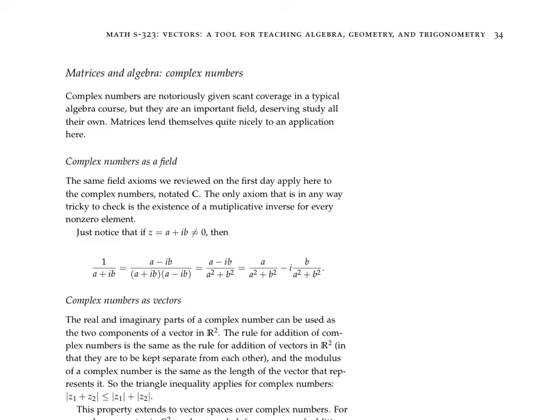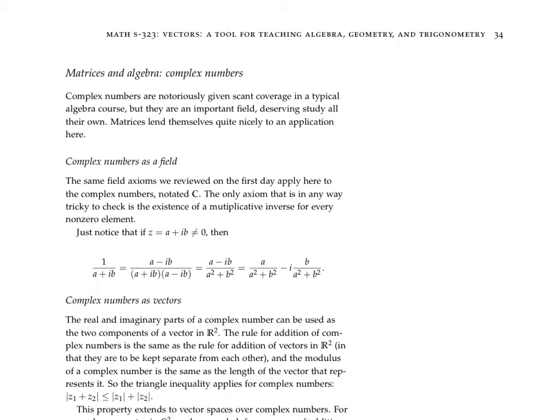In order to get rid of the imaginary part in the denominator, we multiply by the complex conjugate, a minus ib, in the numerator and denominator. We're left with a minus ib in the numerator and a squared plus b squared in the denominator. So our total answer for the multiplicative inverse of a plus ib is a over a squared plus b squared minus i times b over a squared plus b squared.